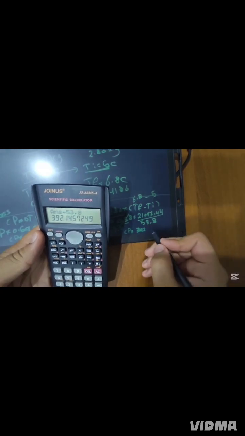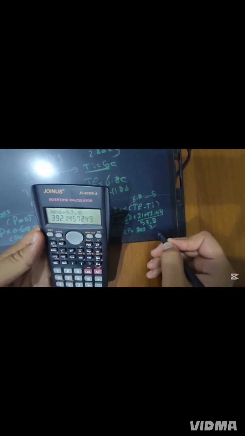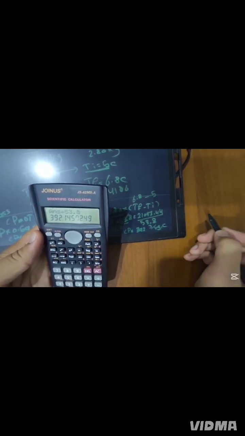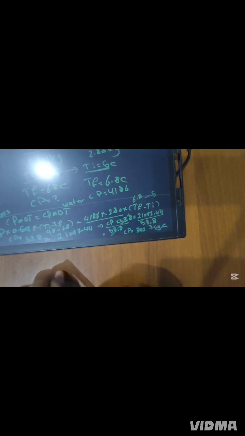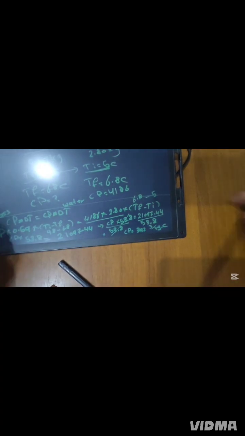And the unit of specific heat capacity, we know, is joule per kilogram Celsius. The answer is Cp equals 392, and this is the answer of question 5.